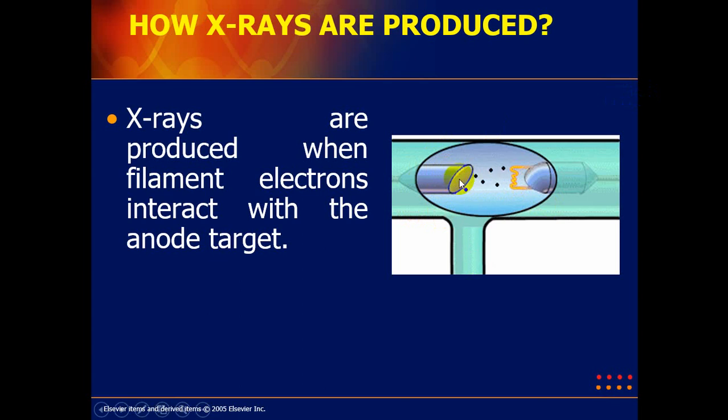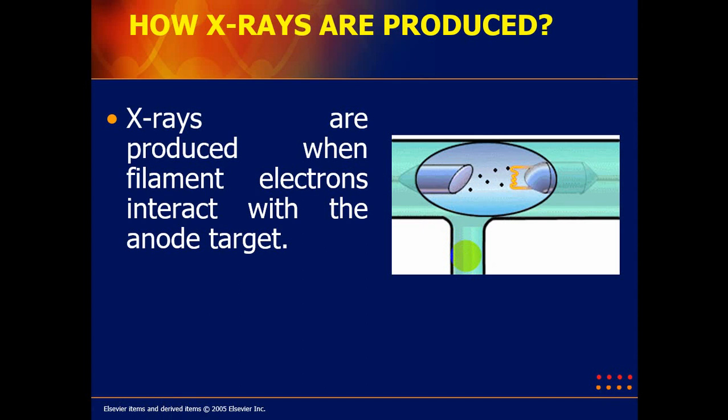If it attracts to the anode part, now, the X-rays are produced. And, pag lumabas siya dito, sa glass window, now, this is what we call the useful beam. And this will enter the patient to create the image.